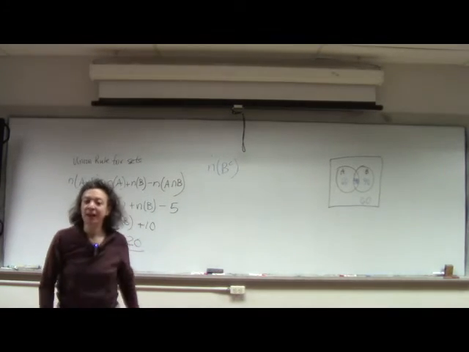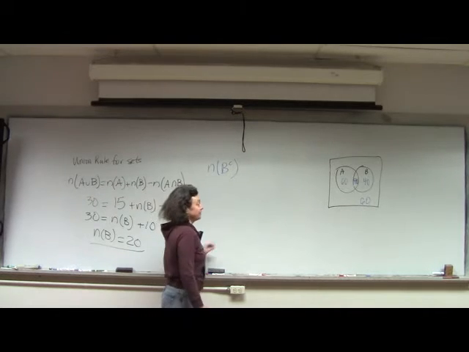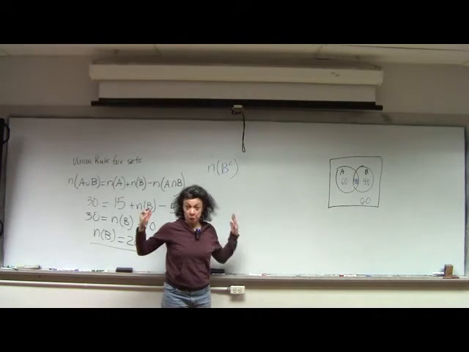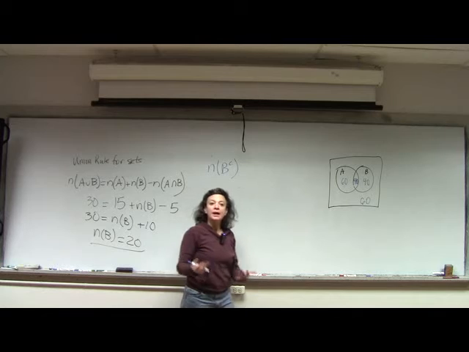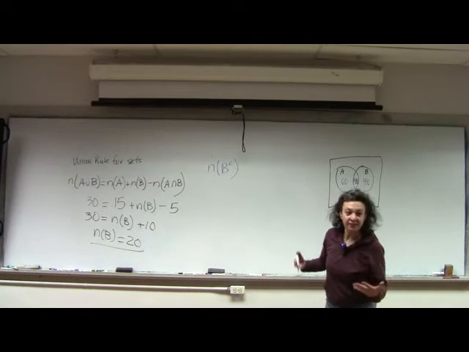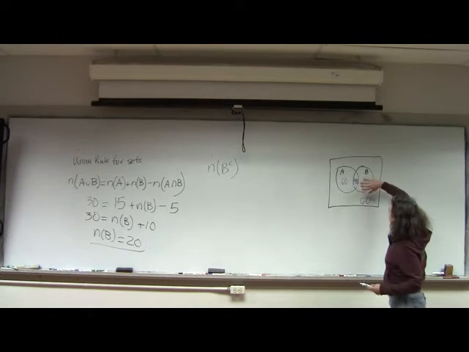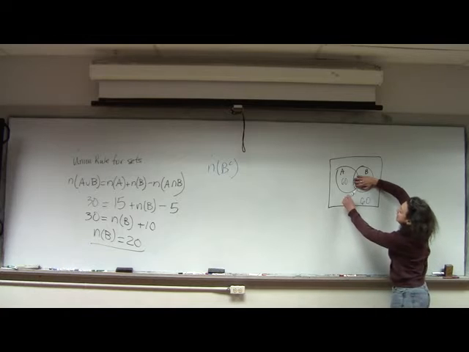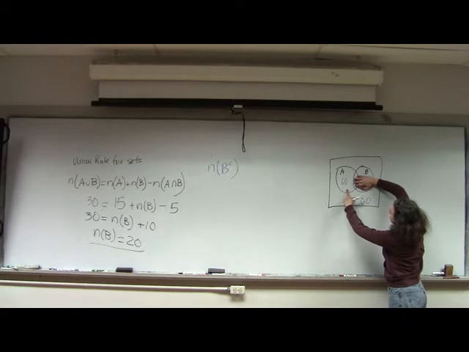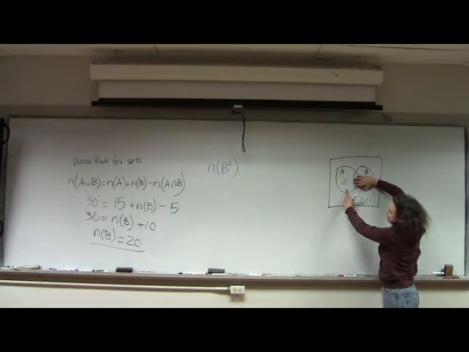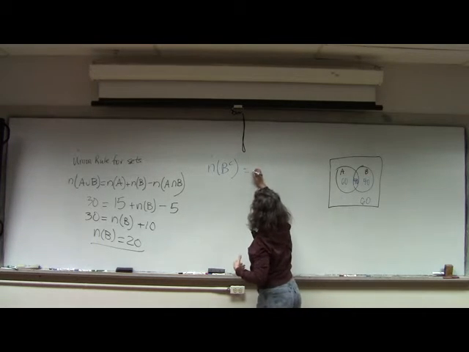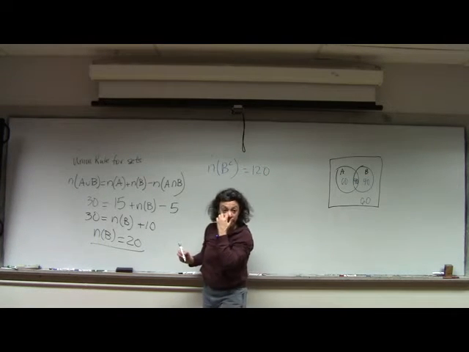Well, this is where the last section comes in handy. The first thing you need to ask yourself is, well, where is B complement? And remember, B complement is everything outside of B. So I'm going to cover up B. B complement then involves these two regions. Therefore, the number in them is the 60 plus 60, or 120.